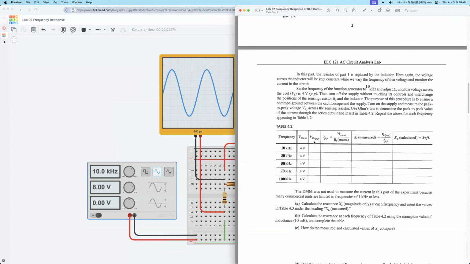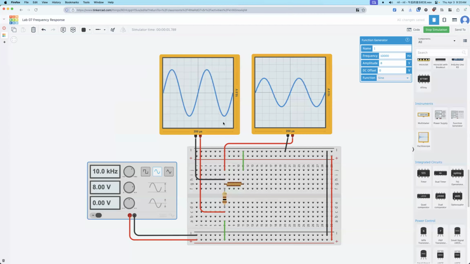Next, we need to measure VRS, peak to peak value. So for this one, this is RS. Okay, so we need to count the vertical divisions from the top to the bottom.